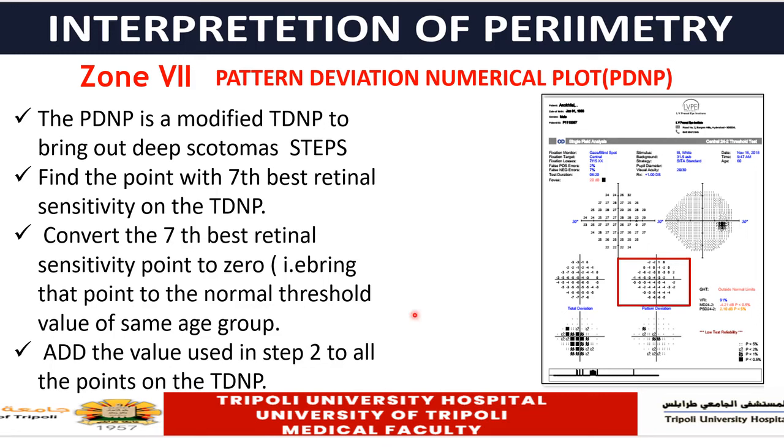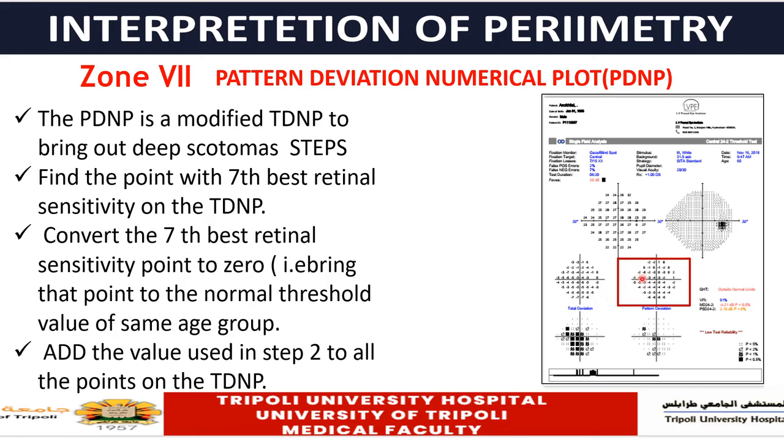Now the seventh zone is the pattern deviation numerical plot, and this is the pattern deviation probability plot. How is the pattern deviation numerical plot calculated? It is just a modification of the total deviation. This is the total deviation. We deduct some value from the total deviation to compensate for any generalized depression in the map.